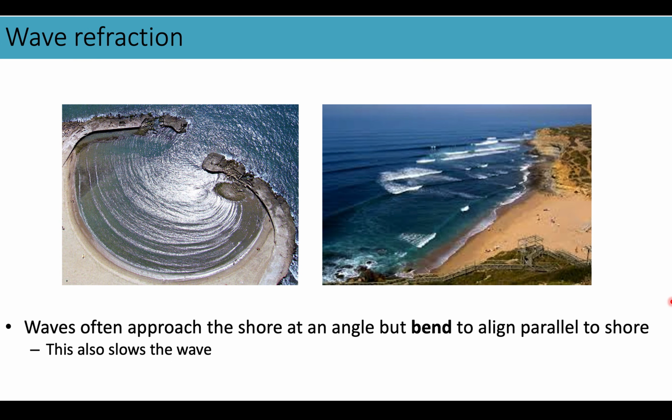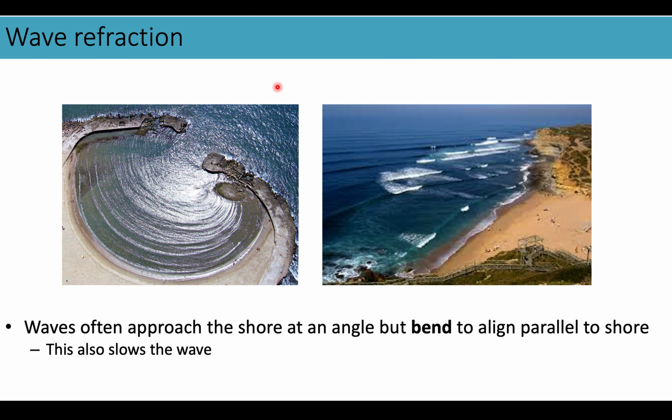Waves are also subject to both refraction and reflection. Refraction is when the waves bend. Waves will approach a shoreline, and if the shoreline isn't perfectly straight, or if they aren't coming at a perfectly parallel angle to the shoreline, approaching it at an angle, the waves will bend to try and align to be parallel to the shore.